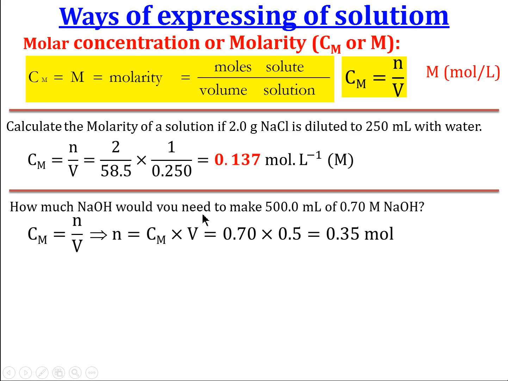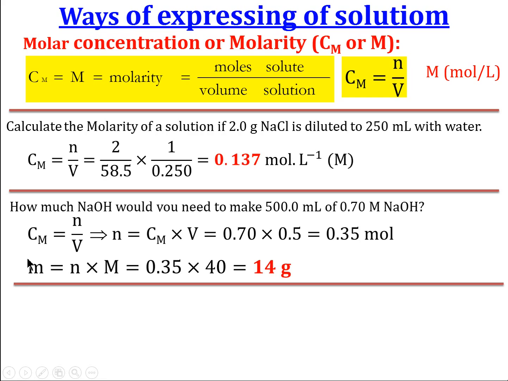In this case also we suppose that the addition of NaOH did not change the total volume, so the total volume is equal to 0.5 liter. So the number of moles is equal to 0.35 mole, and the number of moles is equal to the mass divided by the molar mass. So the mass equals n times the molar mass, 0.35 times the molar mass of NaOH, which is equal to 40. So the mass is 14 grams.